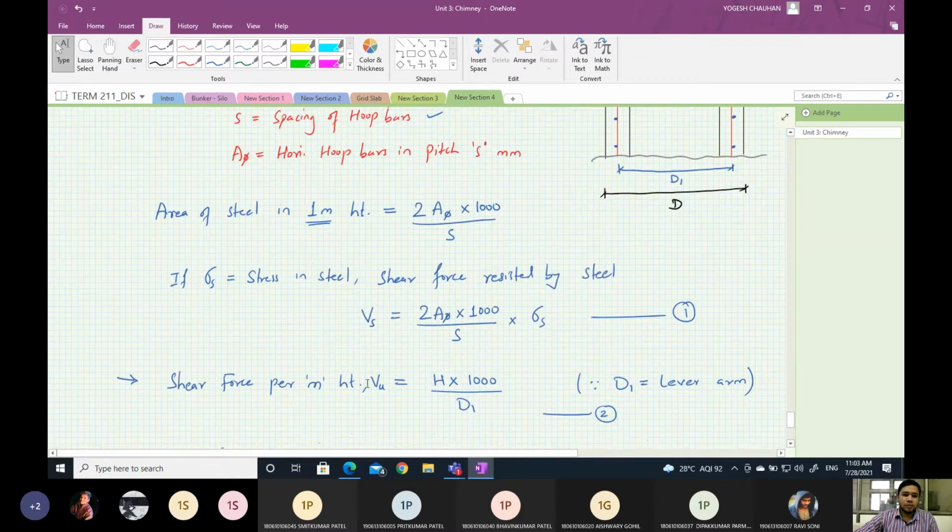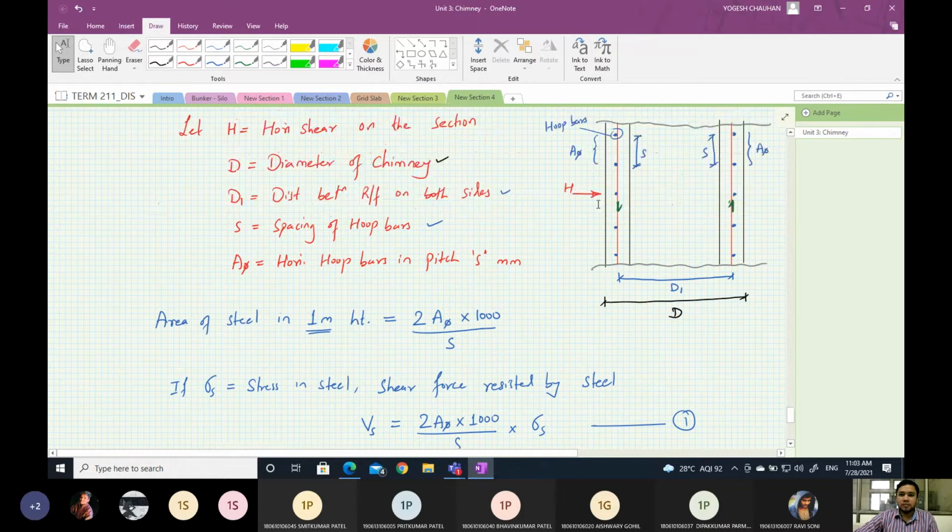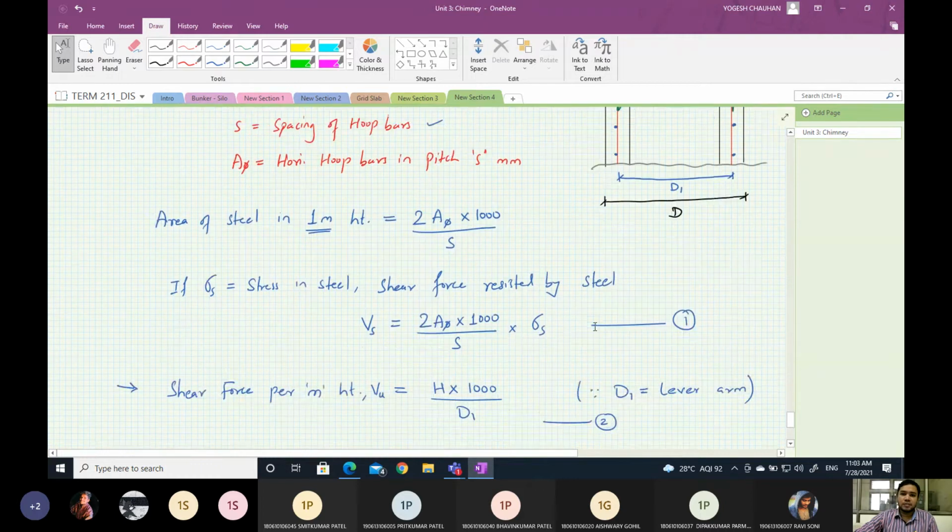Now the shear force per meter height will be Vu equals H into 1000 divided by D1. So this is the D1, this is the horizontal force, so multiply by 1 meter height, so per meter force you will get, and that divided by this lever arm distance D1 between the two bars, you will get the shear in the hook bars.